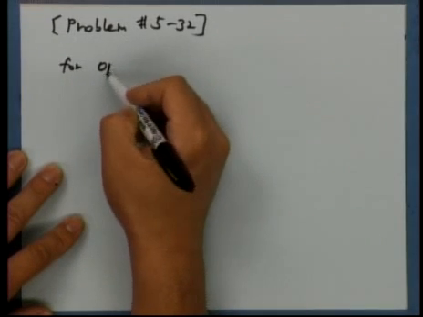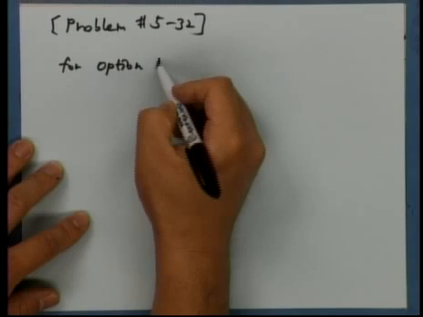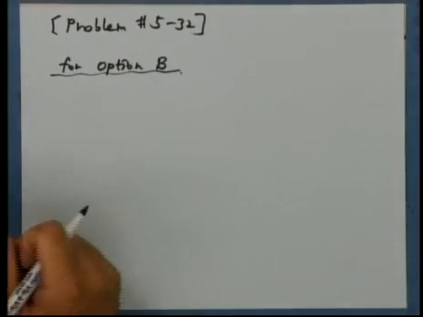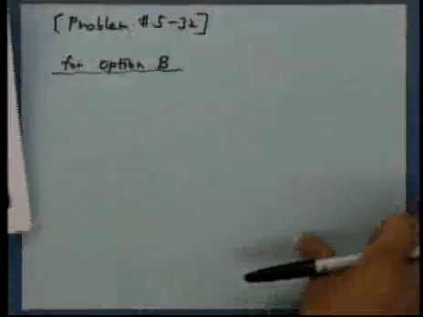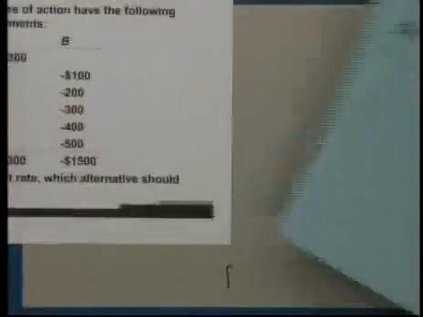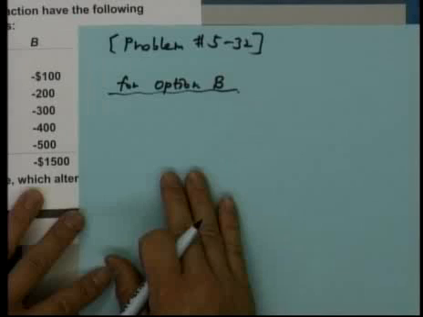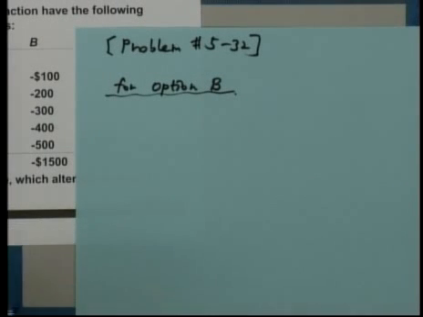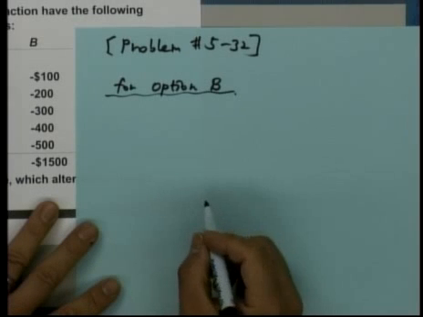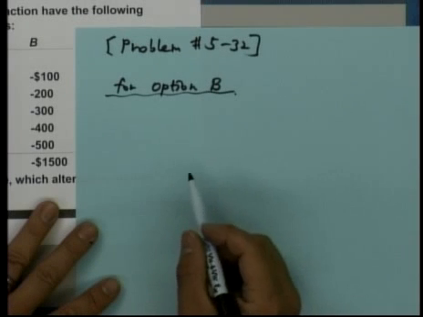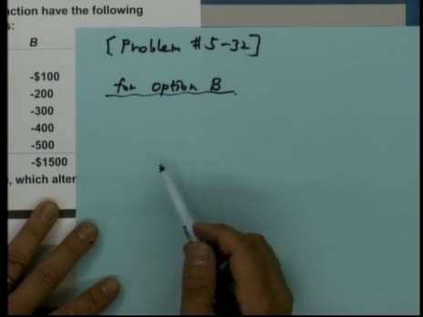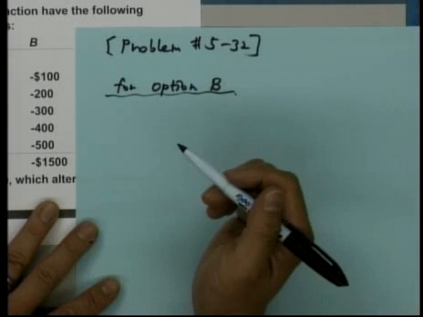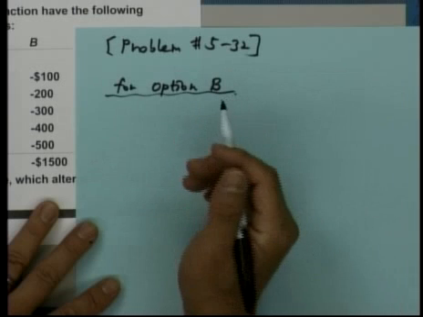For option B, this given cash flow can be broken into two components, one for the uniform annual series of 100 and another for an arithmetic gradient series with g equals 100, right?